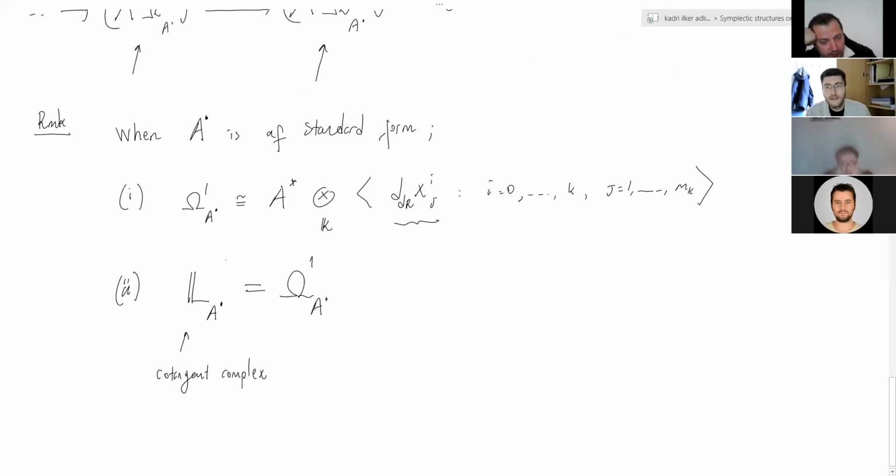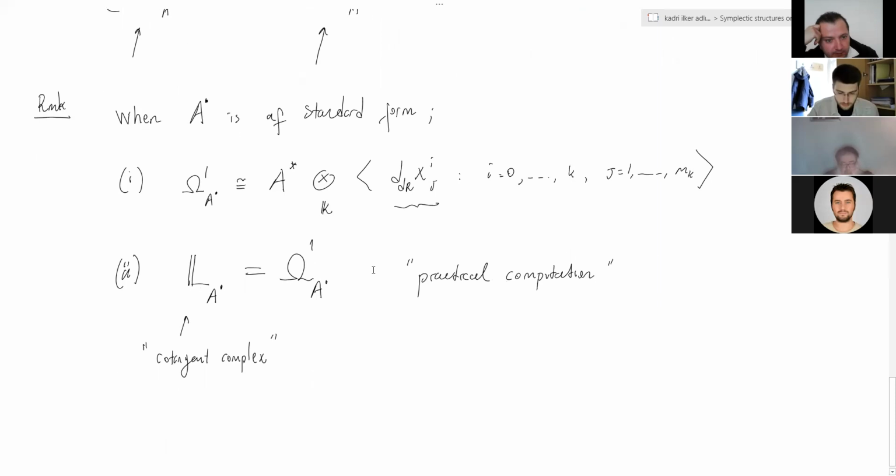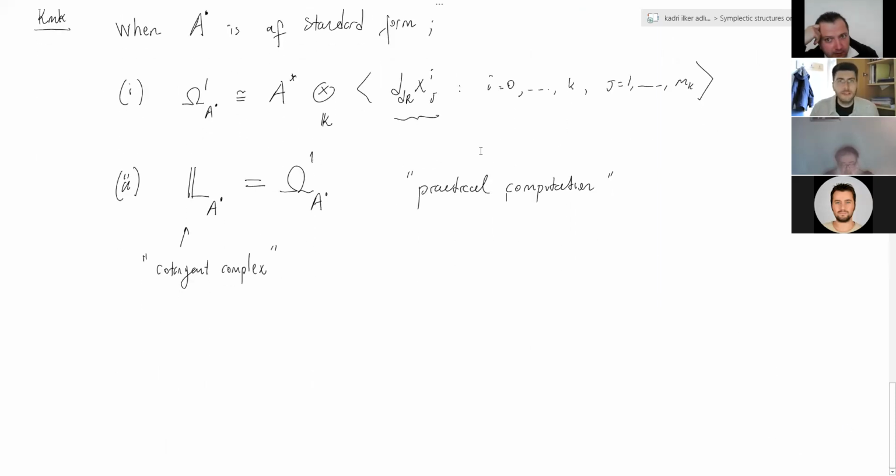Therefore, in the case of standard forms, you can define the cotangent complex by just using Kähler differentials without any cofibrant replacement. This gives you a practical computation for the cotangent complex. Therefore, standard form CDGAs are good. Okay, so that's all. This is more or less the algebraic setup.